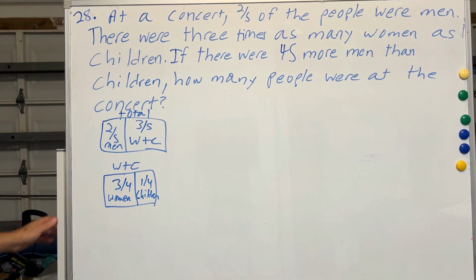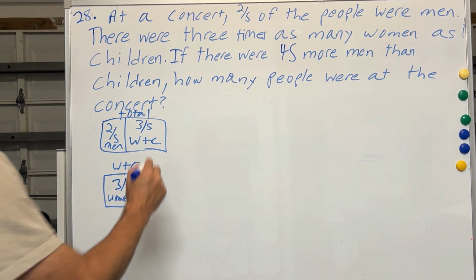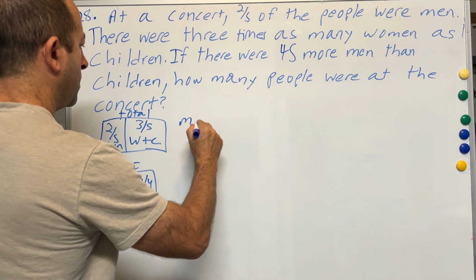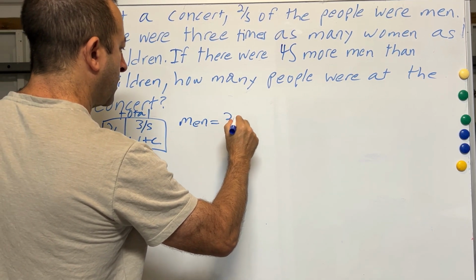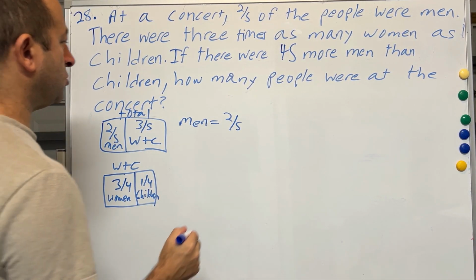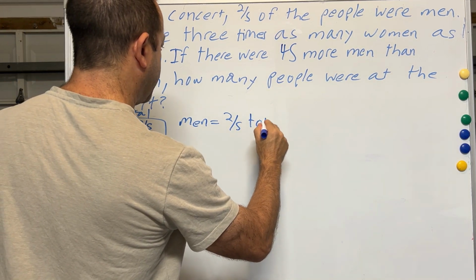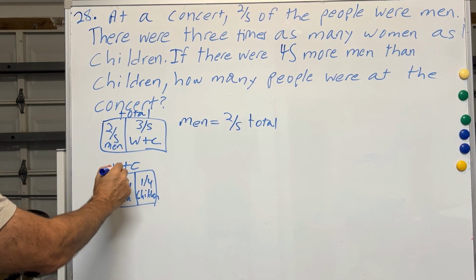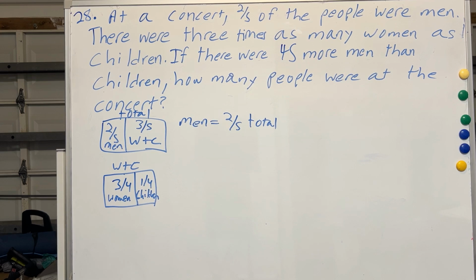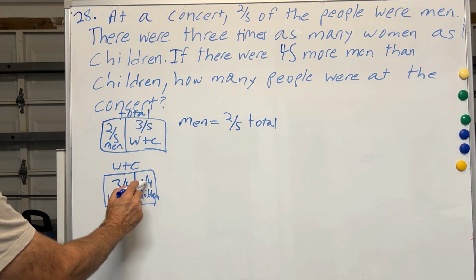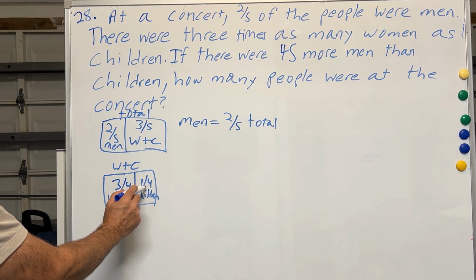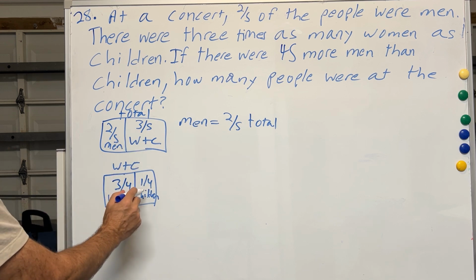So we know that men are 2/5 of the total. But we don't know how much children are of the total. We know the fraction that children are of the remainder, the women plus children. So what we do is we have to multiply the fraction here of children by this fraction over here.